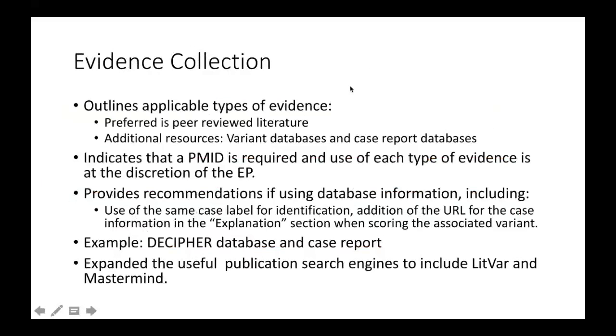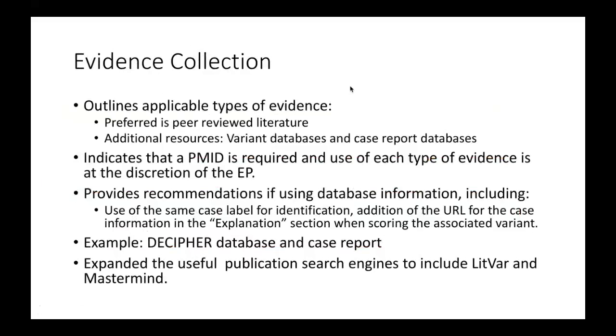So evidence collection, we did outline applicable types of evidence. It is preferred to use peer-reviewed literature, but we also accept that there are additional resources such as variant databases and case report databases that may be used in order to apply evidence to your curation. As long as everything has a PMID, use of each type of evidence is at the discretion of the expert panel.